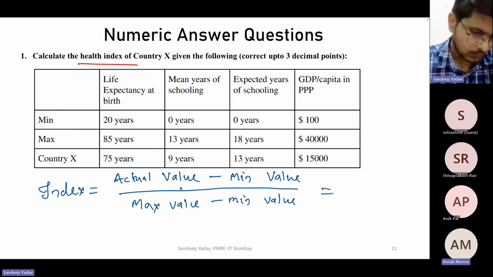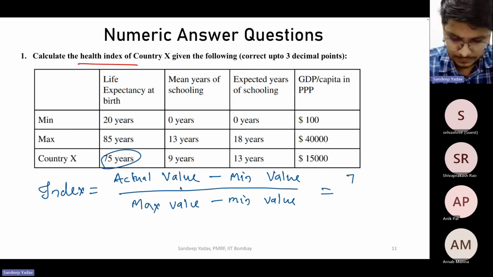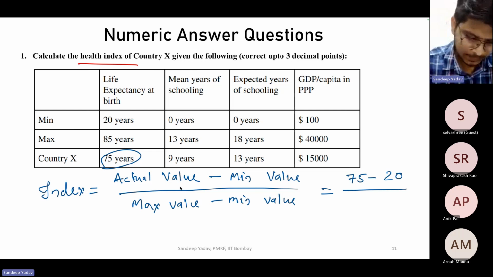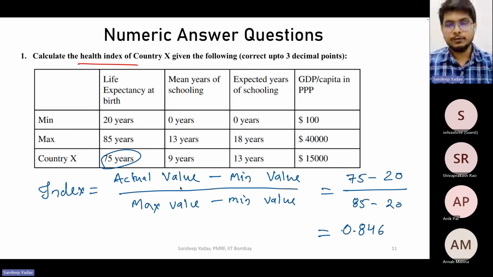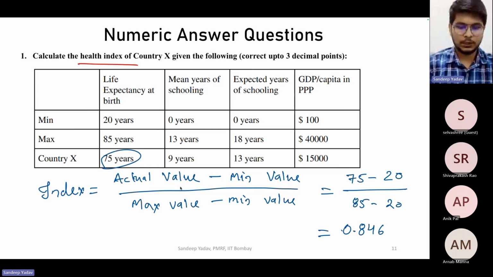So what is the actual value we have? That is 75. What is the minimum value? 20. What is the maximum value? That is 85. 85 minus minimum 20. So in that case, we can calculate the health index as 0.846.